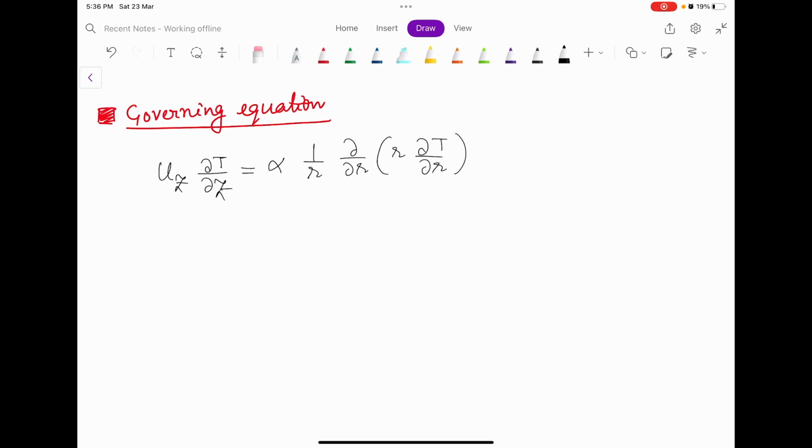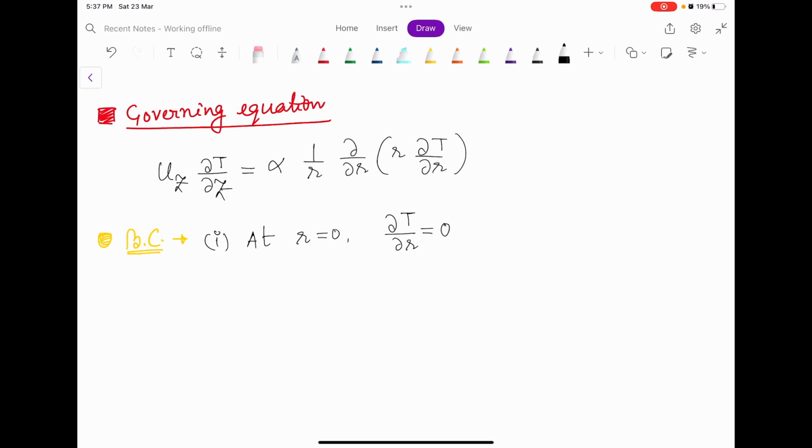Now if I write the boundary conditions, the first boundary condition is the regularity condition. I have told you that at r equal to 0 we have del T del r equal to 0.